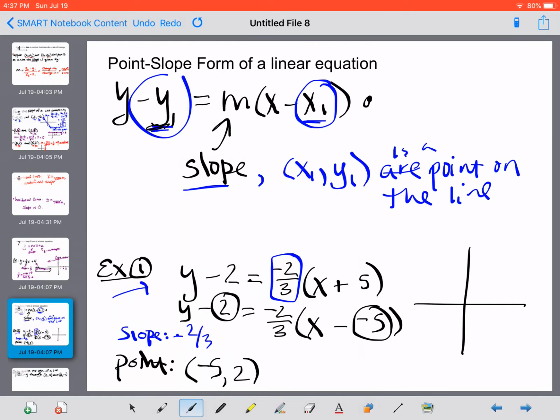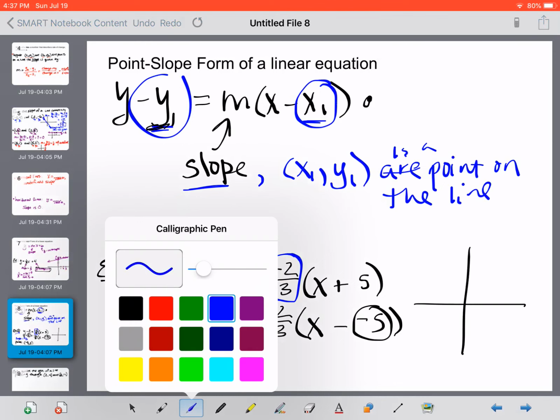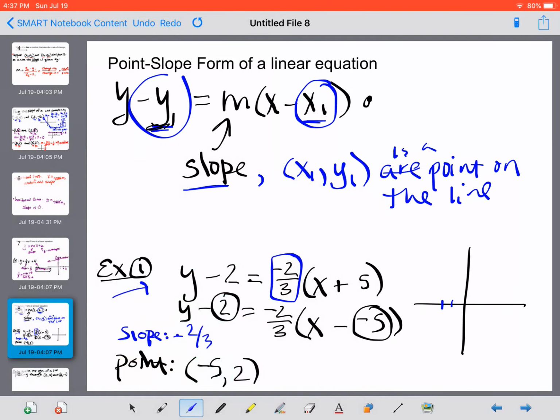Just plot your point at negative 5, 2, and then use the slope to get the next point on the line. So our slope, we had said, was negative 2/3. That means we're going to rise negative 2, meaning we're going to go down 2 points, and then we're going to run 3.